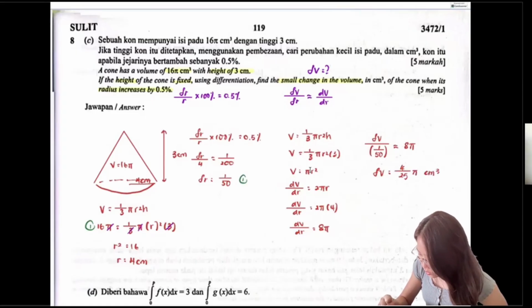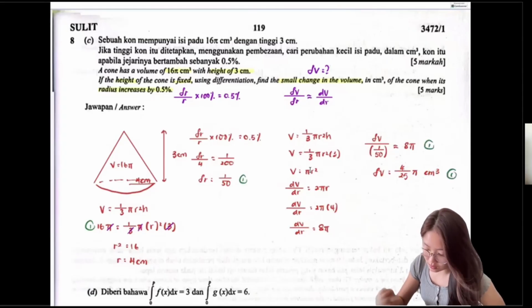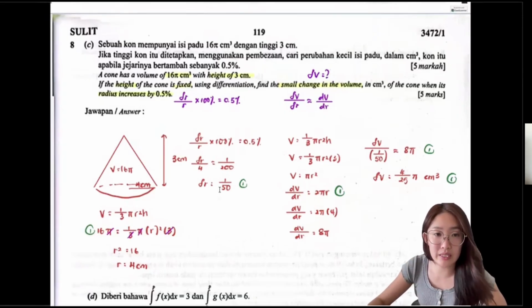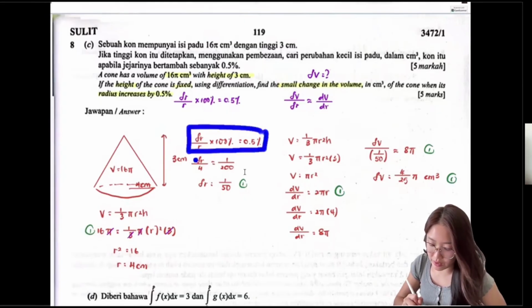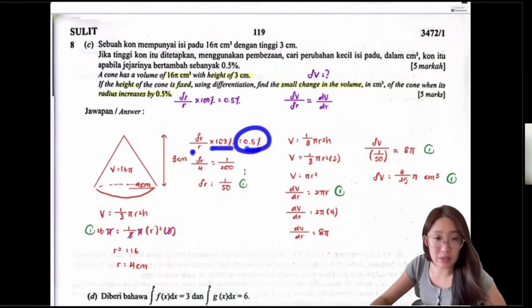This is V, so cm cube. So 1 mark here, 1 mark here. Another one at your differentiation. Total 5. This is small change in percentage. Percentage change, you need to always divide by the original length times 100% to give you a percentage.